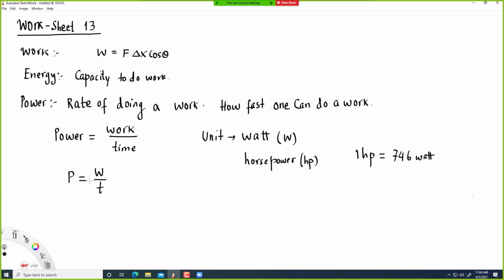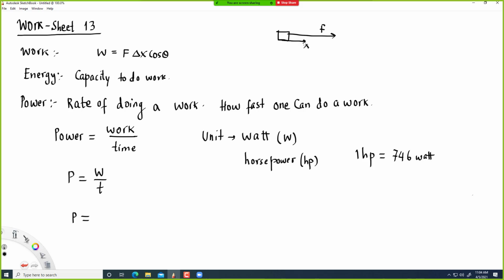So that's the relationship between work and power. We can also write power in terms of force and speed. So we know the formula for work. Assume that we are applying force in the same direction as the displacement, just for a simple case.